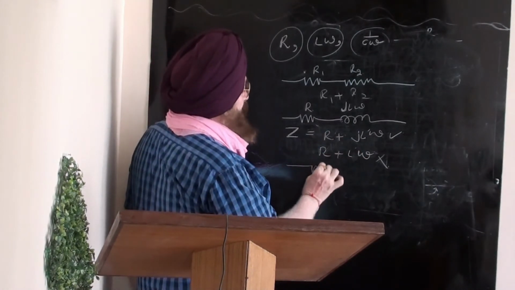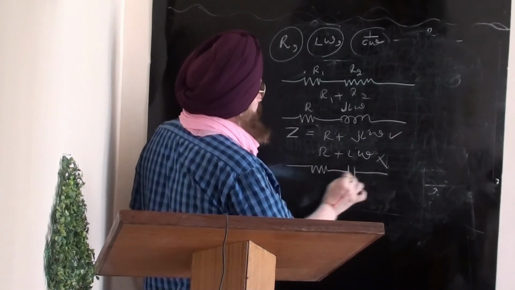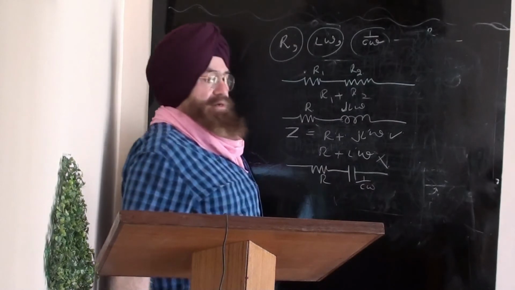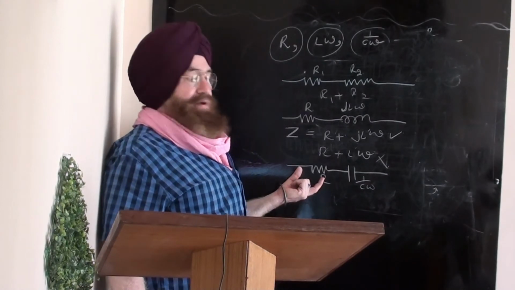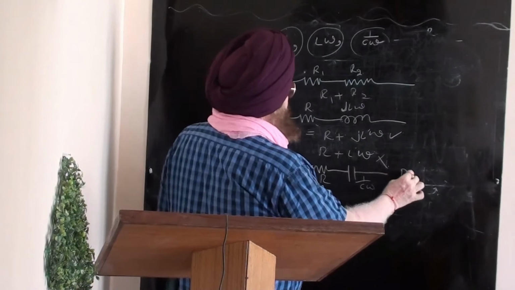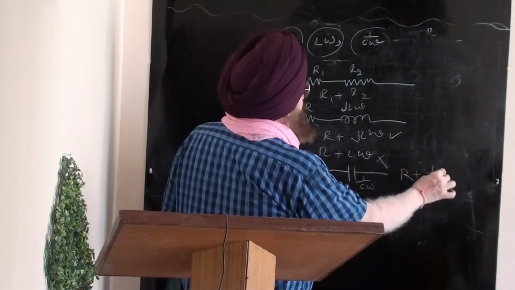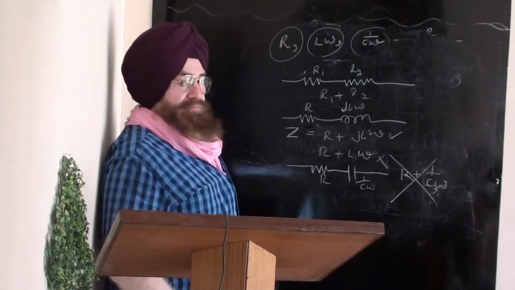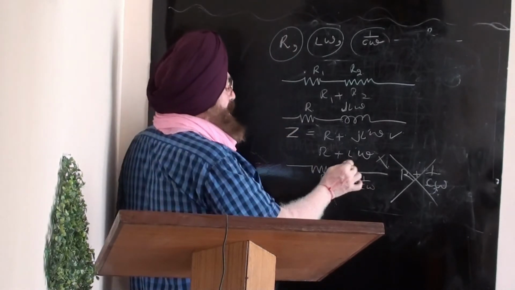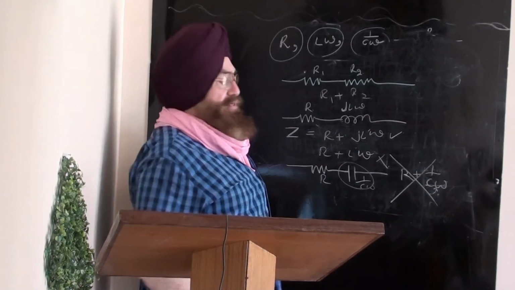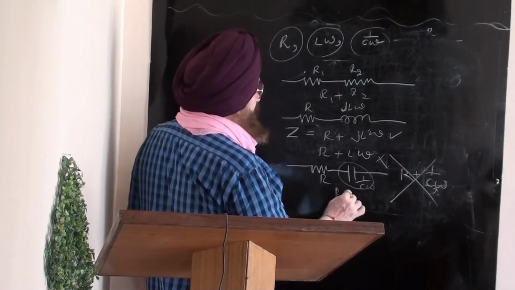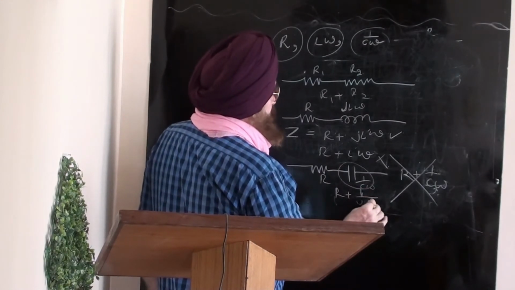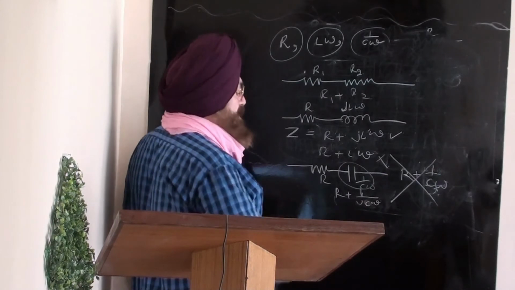Similarly, if you have R and a capacitor 1 over C omega, then what is the total reactance? Your answer will be R plus 1 over C omega. Again, this is wrong. Because it is also concerned with the phase, you say R plus 1 over JC omega. Now J is in the denominator.